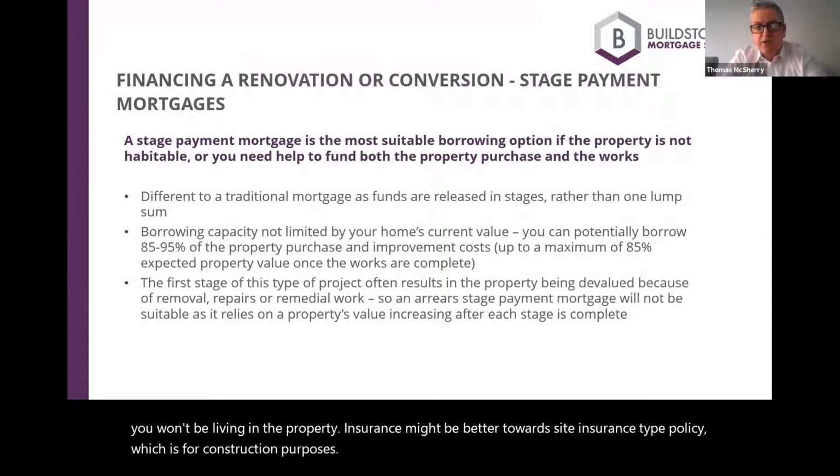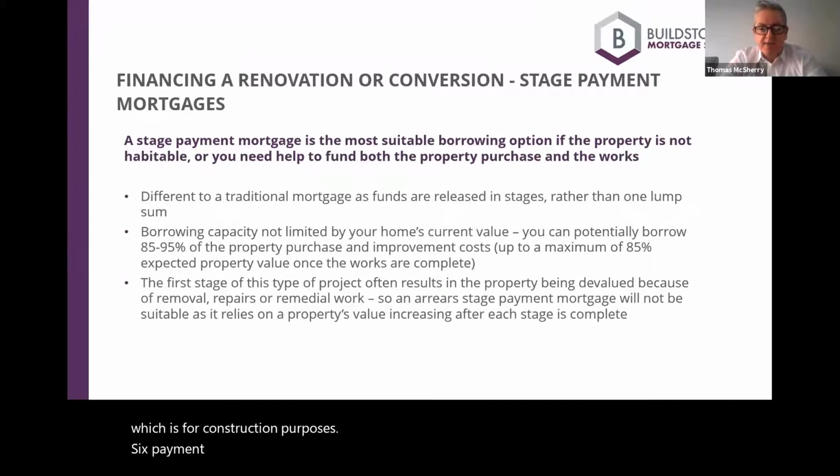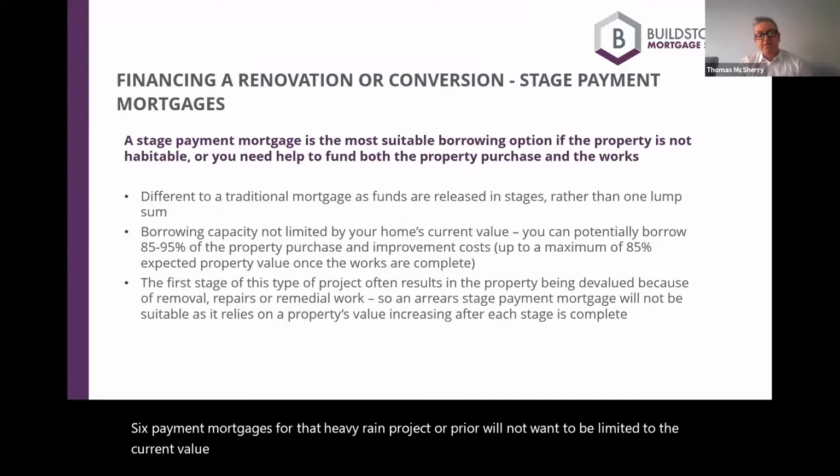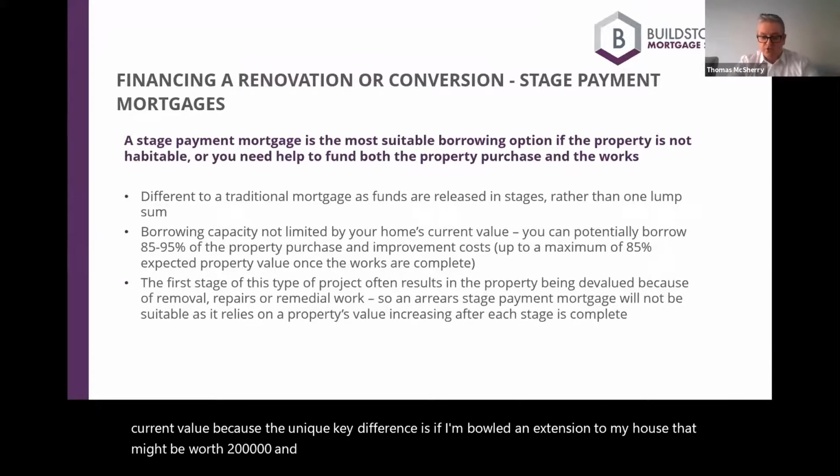Stage payment mortgages are for that heavier end project, or where we don't want to be limited to the current value, because the key difference is, if I'm building an extension to my house that might be worth 200,000, I'm limited to that 200,000.